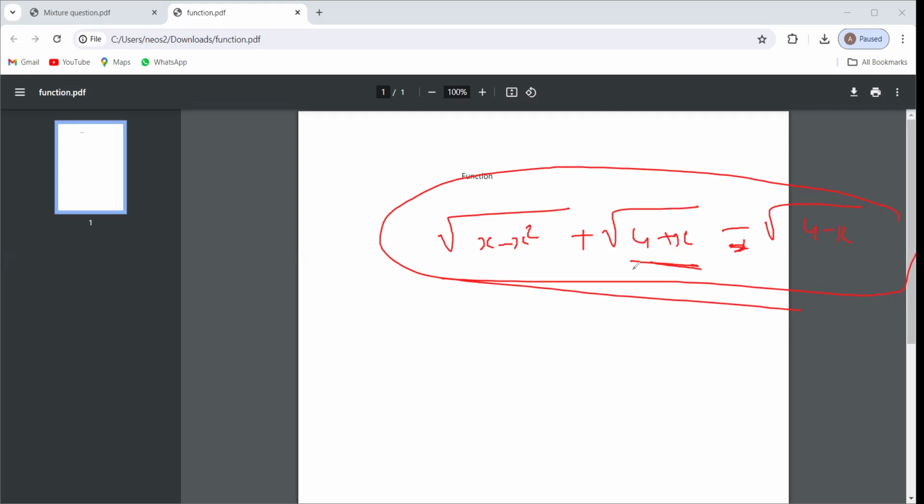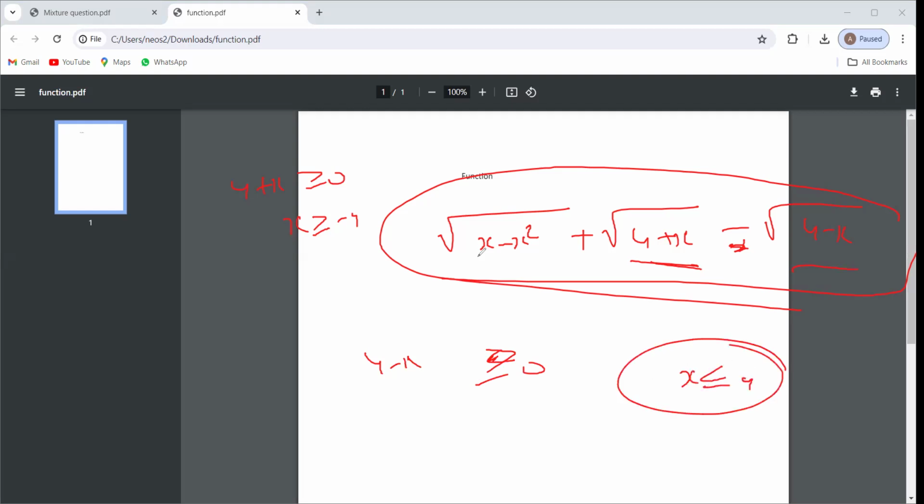First, this has to be greater than 0, right? Second, this one. Now this one.